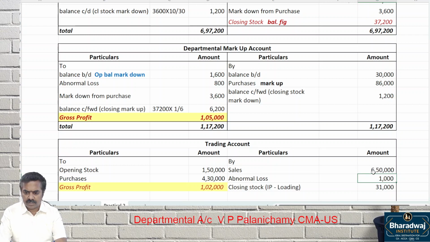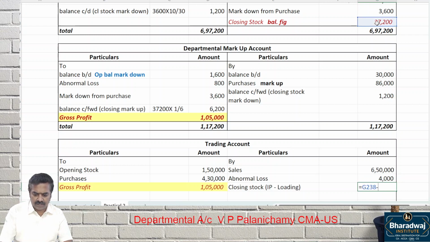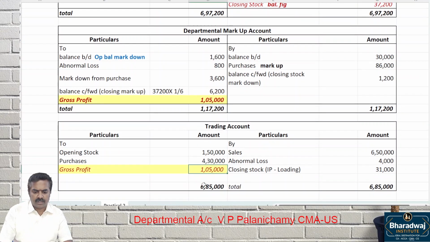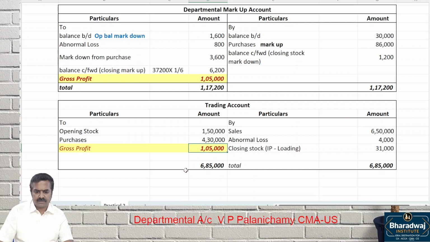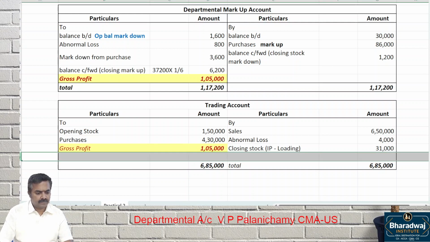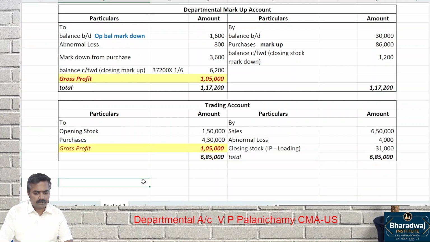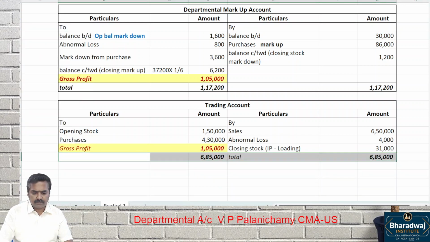Abnormal loss at cost. Closing stock 31,000. 37,200 minus 6,200, 31,000. Tally this, you get gross profit. Yes, 21.